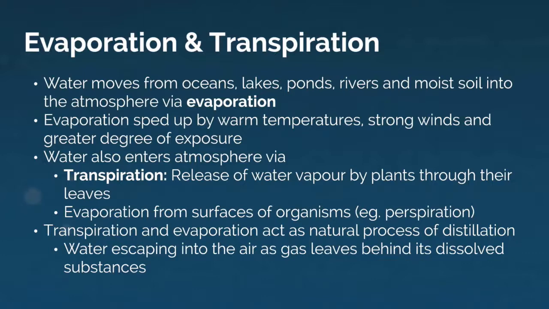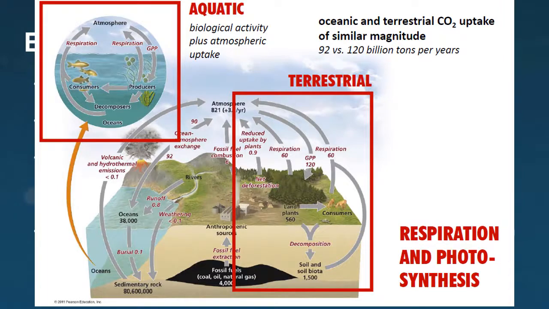For example, if forests are converted into an agricultural or residential area, it would lose water more readily than a vegetated area, right? Water also enters the atmosphere via transpiration, which is the release of water vapor by plants.